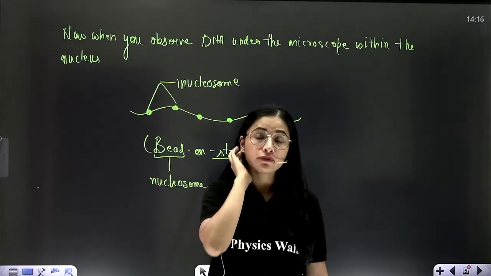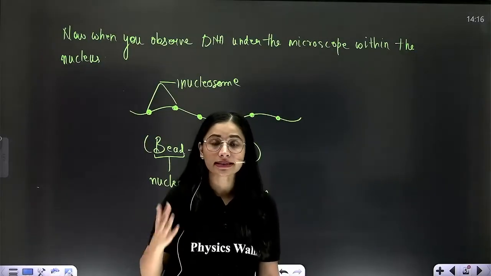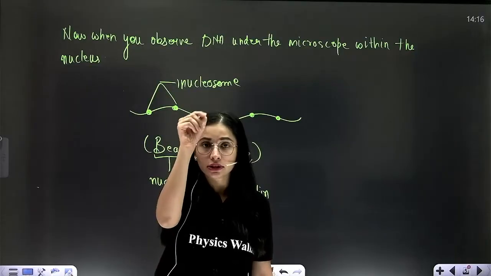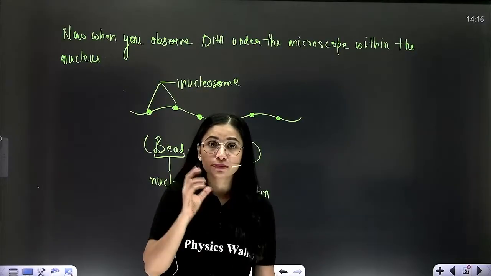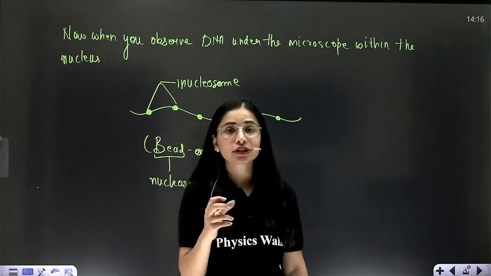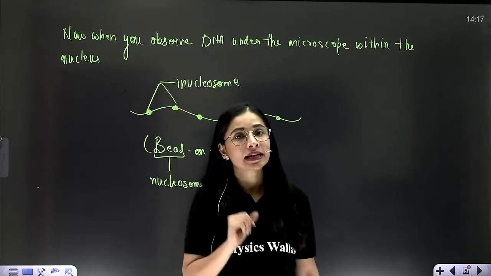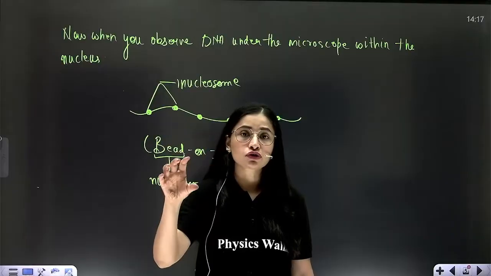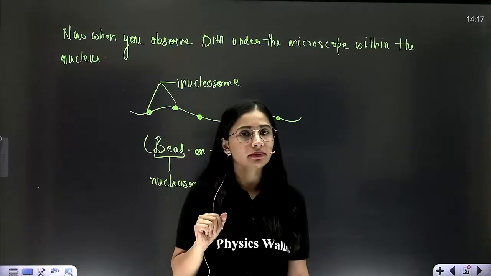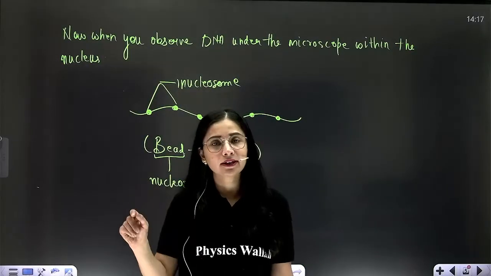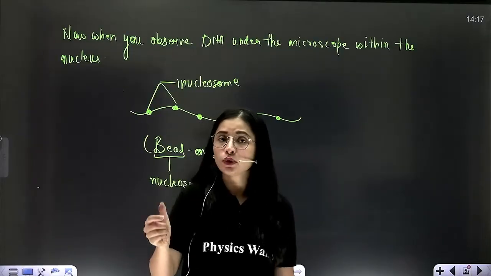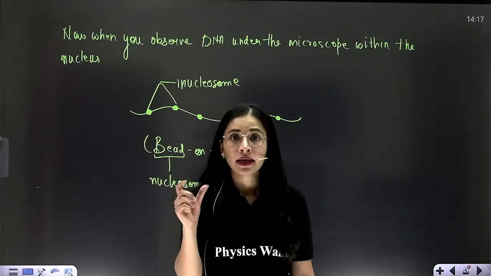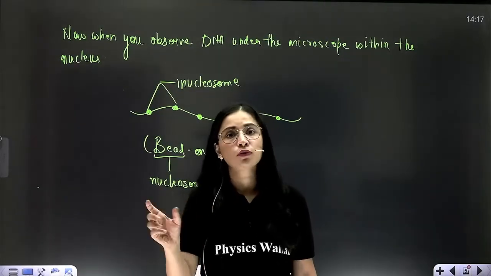And when you observe chromatin fiber in the nucleus under the microscope, you see certain beads. Those beads, rich in DNA, are called nucleosomes. So bead on string means nucleosomes arranged in a string-like manner. That string is basically chromatin fiber, which during cell division condenses to form chromosome.